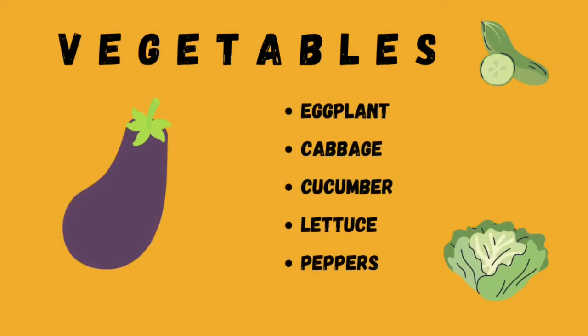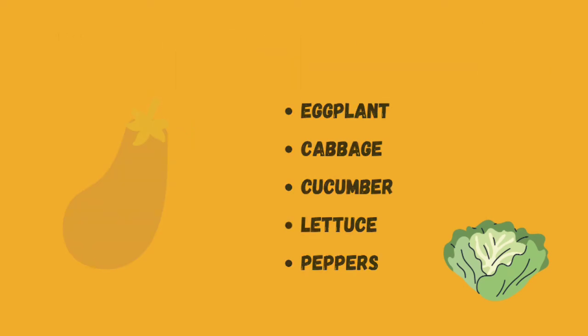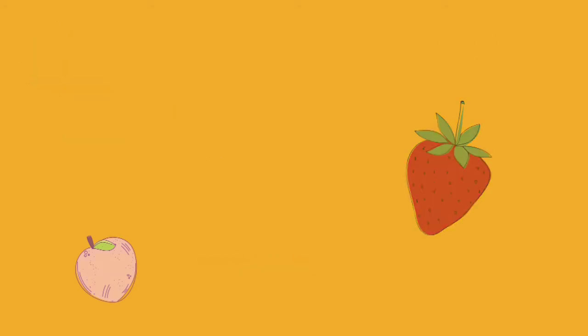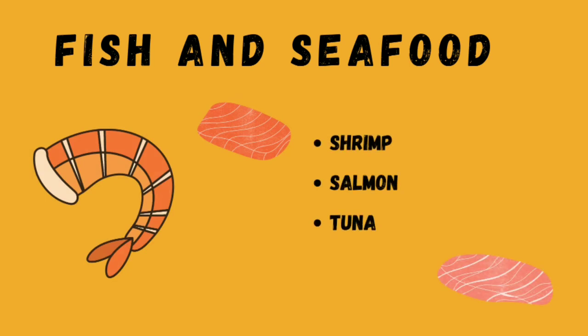Vegetable: eggplant, cabbage, cucumber, lettuce, peppers. Fruit: coconut, peach, pear, pineapple, strawberry. Fish and seafood: shrimp, salmon, tuna.